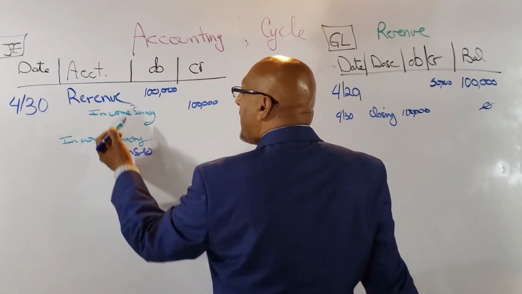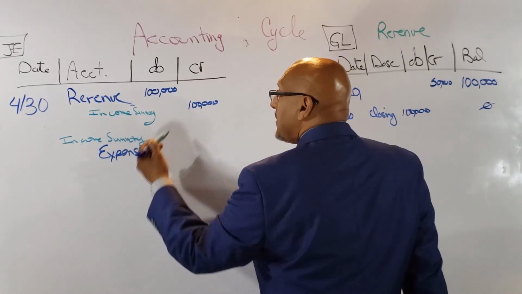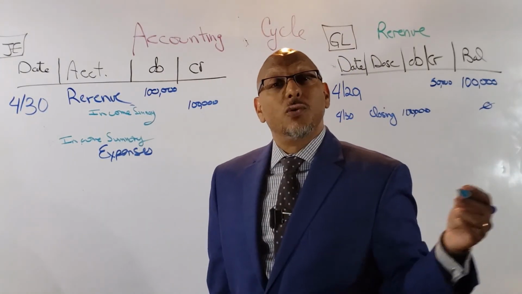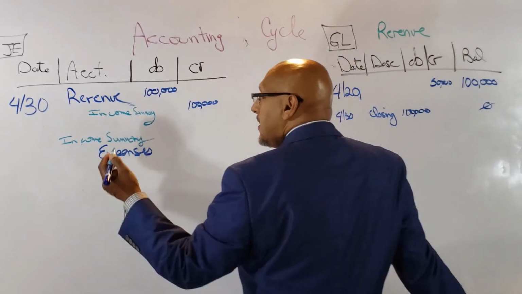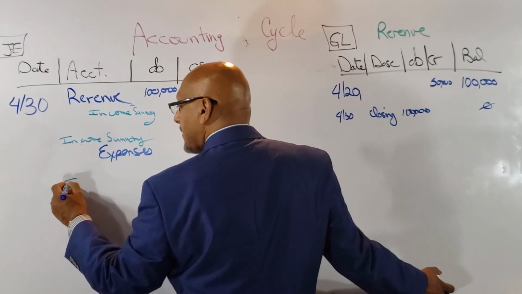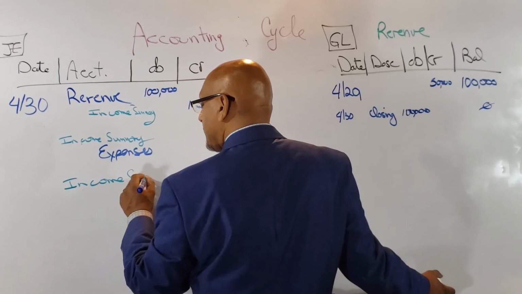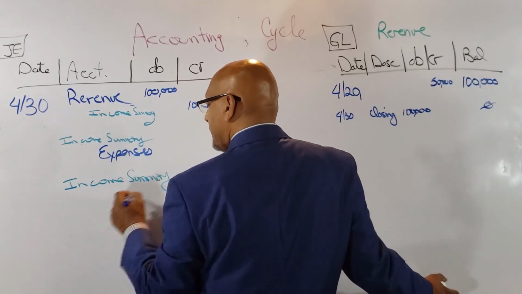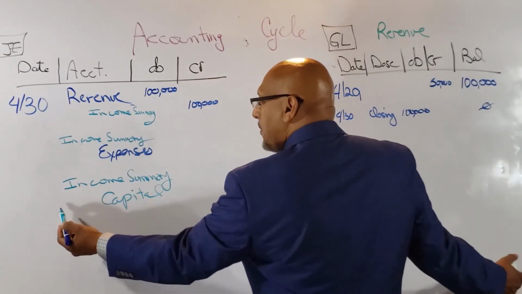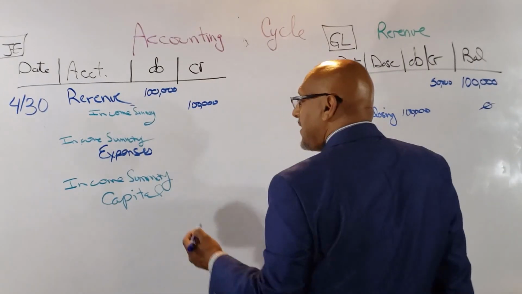And it really depends on whether the income summary, because of these two transactions, ends up as a debit balance or a credit balance. If it ends up in a credit balance, we would debit the income summary and credit capital, that extra step.